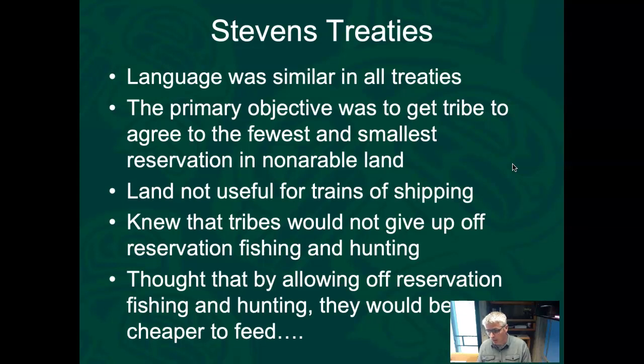Settlers coming over wanted acreage to build a farm, as well as the shipment of raw goods out of the territories was really important. Movement of hopefully gold and timber, things like this. We wanted to export. The West was an export economy at the time. So we needed areas for shipping and also the railways coming in at this time.